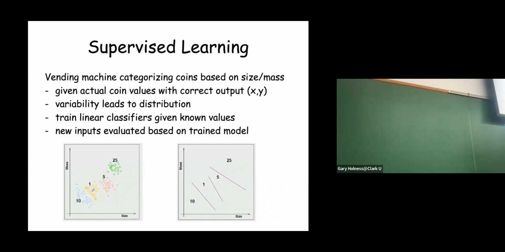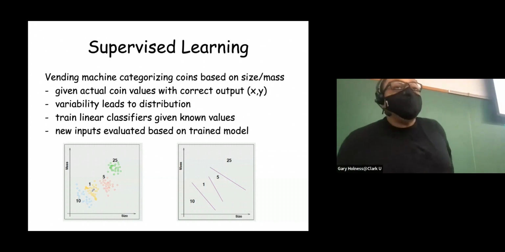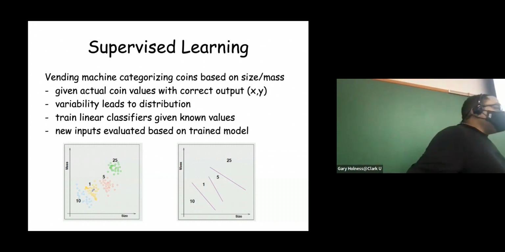With a supervised learning problem, you're given the supervision, all of the labels: yes, this is a quarter, this is not a quarter, this is a dime, this is not a dime. And you're training each of these linear classifiers you're using together. Once you get your final best hypotheses for each one of these lines, for these denomination classifiers, you take your final best hypothesis weights, and you get a computer vision system that looks at the size of the coin, and then you measure the weight of the coin, and you apply that classifier to new coins that come through the coin slot.